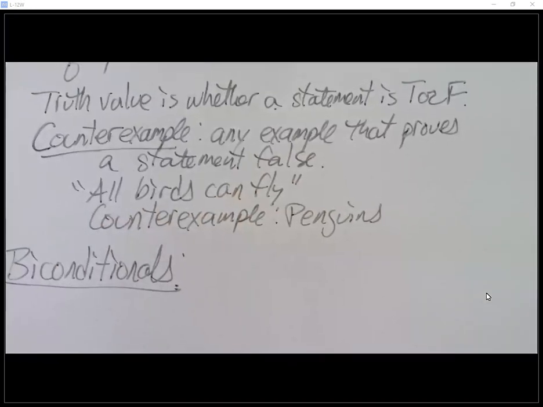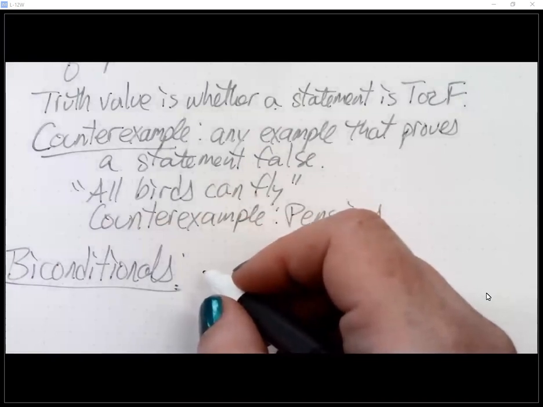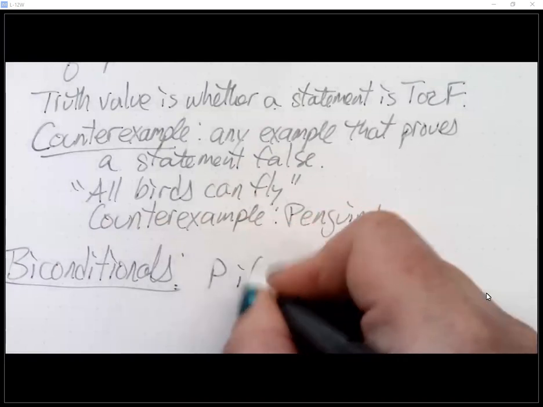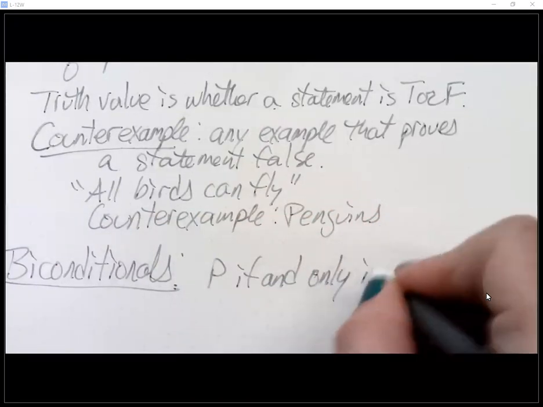This is a statement where we join the hypothesis and conclusion together using the words if and only if. So I'm going to write it this way: P, if and only if, Q.